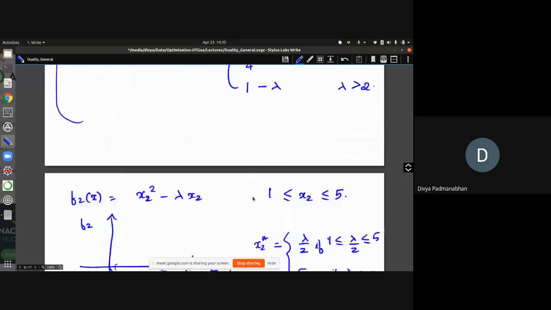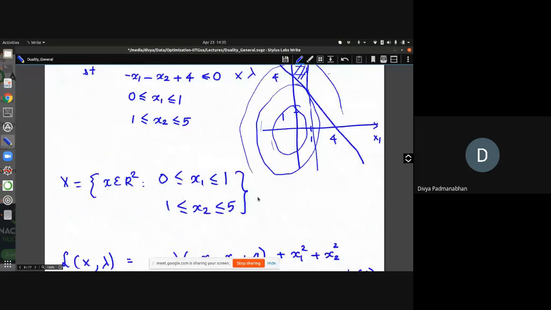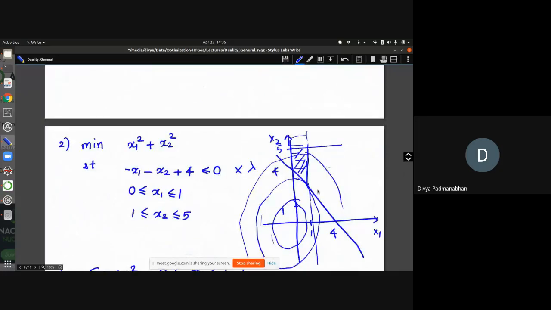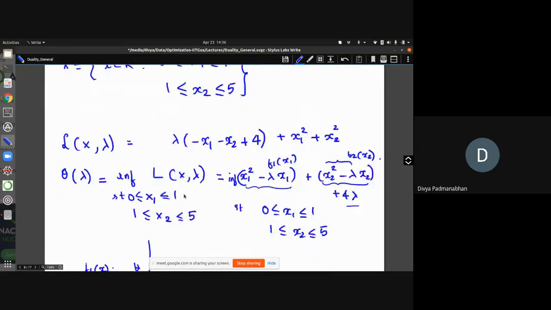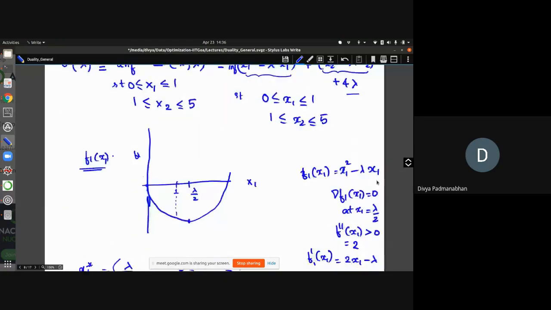Now, you can also relate it to finding the primal solution. In this case, it will turn out that the primal and the dual values match. I'll leave that as an exercise for you to find out. Now you know how to apply the KKT conditions and solve this problem. But this was primarily an exercise on writing the dual.